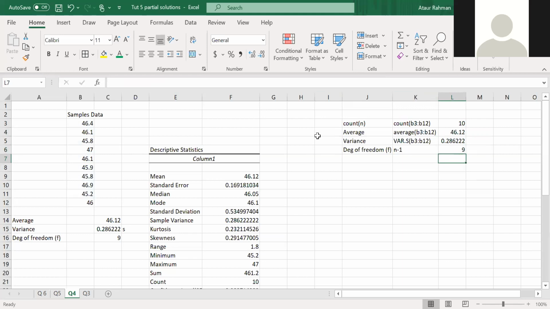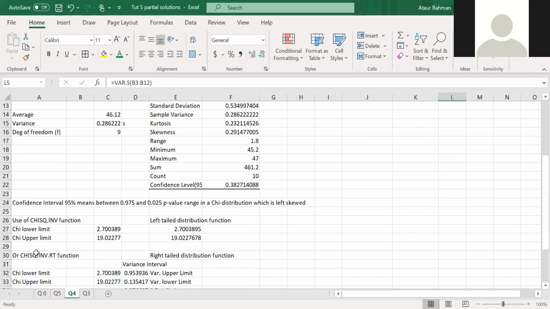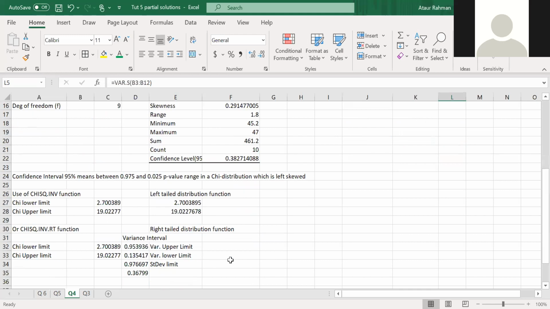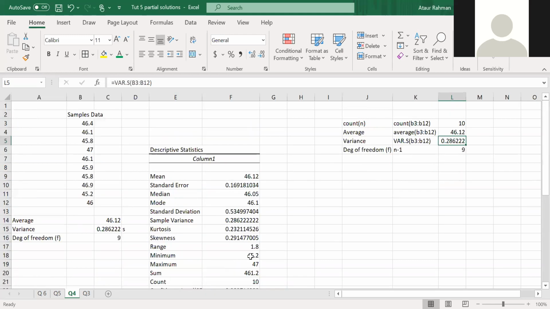So we have to find the 95% confidence interval for the variance. We found a variance here that is 0.286222, something like that. So we have to find the 95% confidence interval of this variance. To find it, we have to use a chi-square distribution.